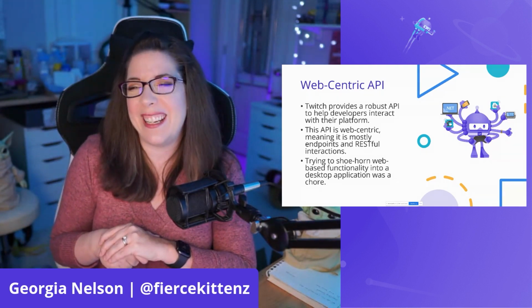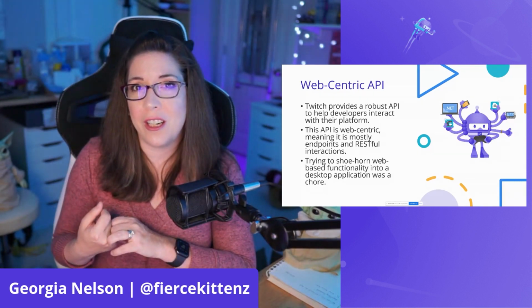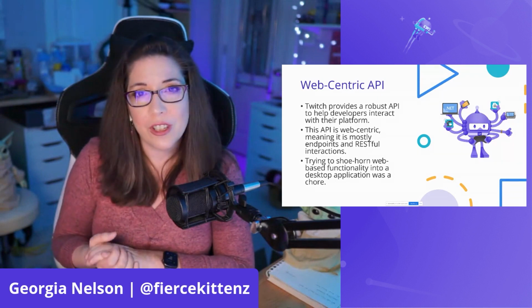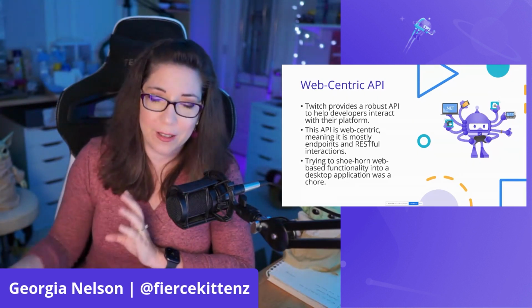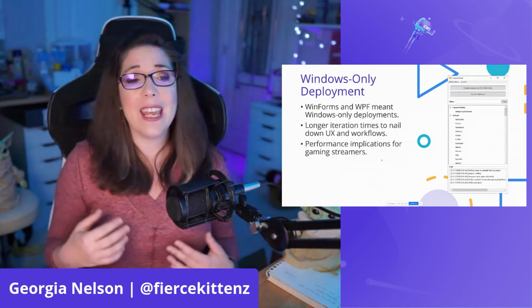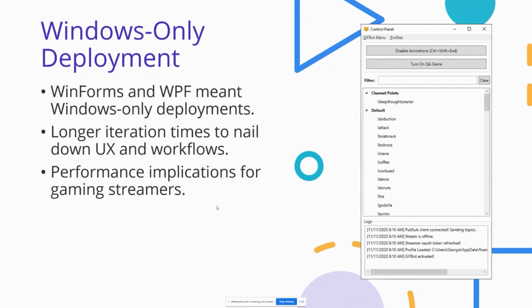And I mean, it sounds ingenious, but it's really a dirty shoehorned solution for a problem that has already been solved in a million different ways. So again, there was the Windows-only deployment, and here's an example of what the UI looks like in the original application. This one was a desktop application that would get installed. You would run it right there on your PC.